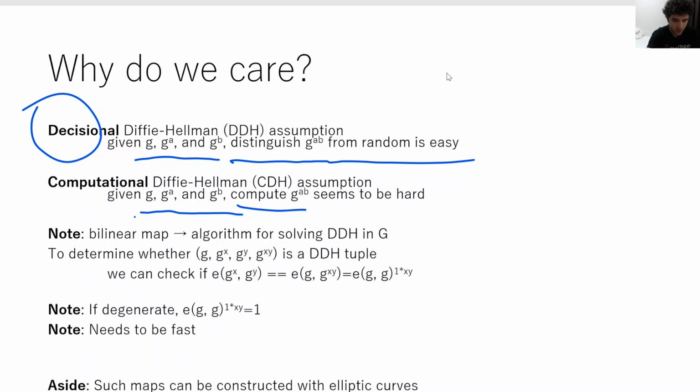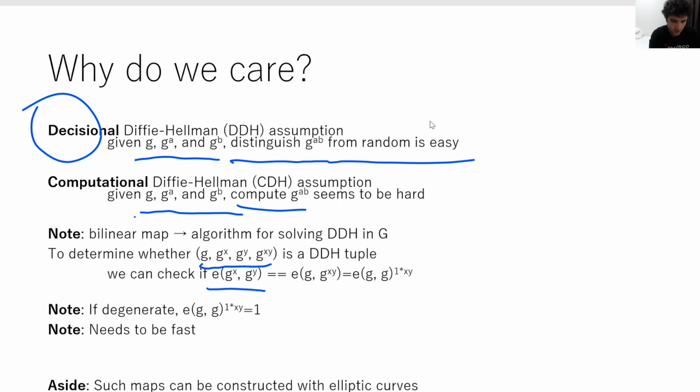Imagine you have g, g^x, g^y, and g^xy as your DDH tuple. Then you can check e(g^x, g^y) is equal to, because it is bilinear, you can essentially factor it out into just calculating e(g, g) to the exponent of xy.